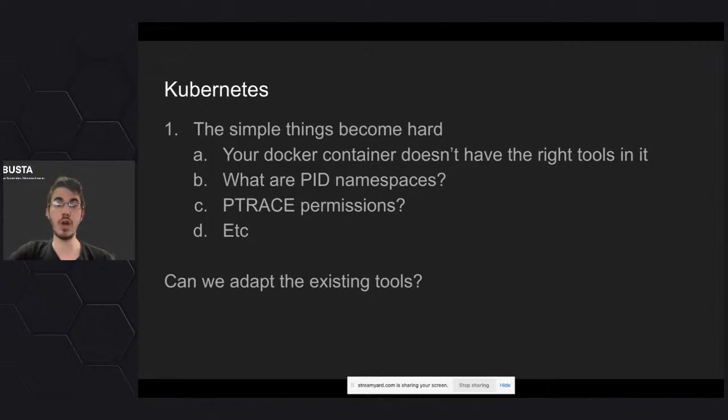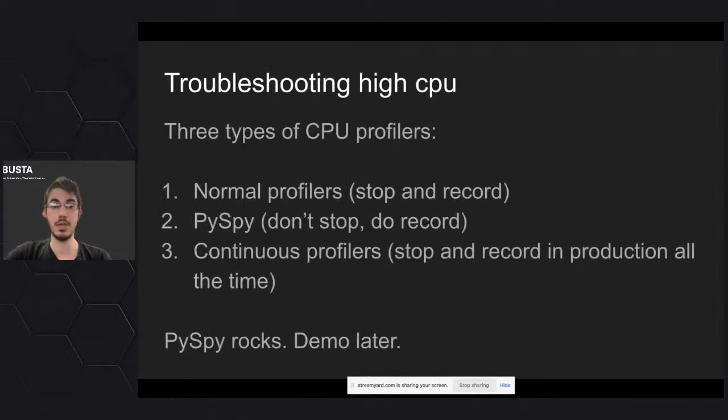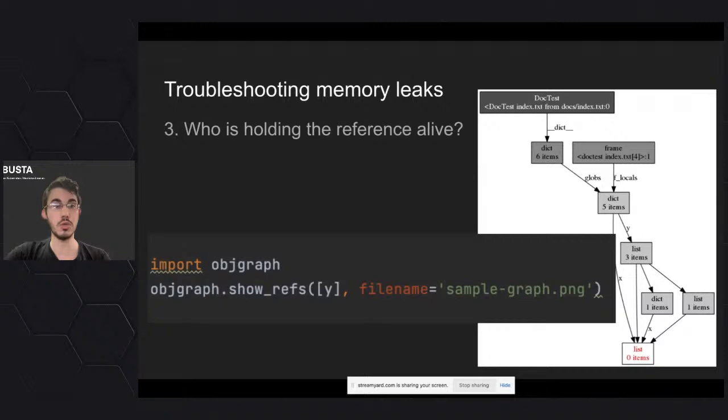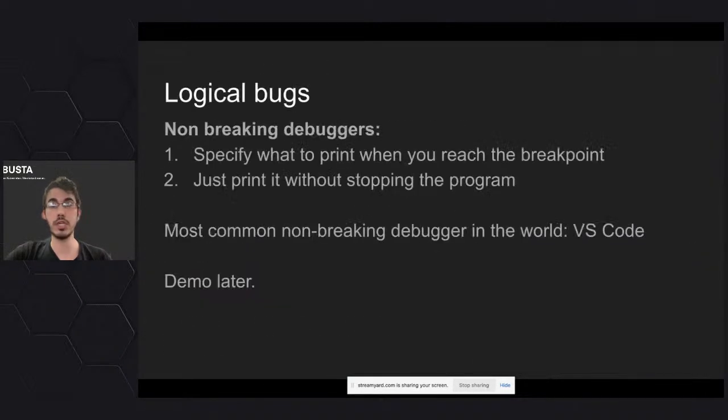Either we could write a Python profiler for Kubernetes, and a Python debugger, and memory profilers, and do all this tooling ourselves. Or we thought, can we add a very thin adaptation layer, but a general purpose adaptation layer that's not just for Python, but also for Go and other languages, maybe even for databases one day, a general purpose troubleshooting layer that can take the really good existing tools, whether it's PySpy for CPU issues, or different Python libraries for memory leaks, or a non-breaking debugger like VS Code.